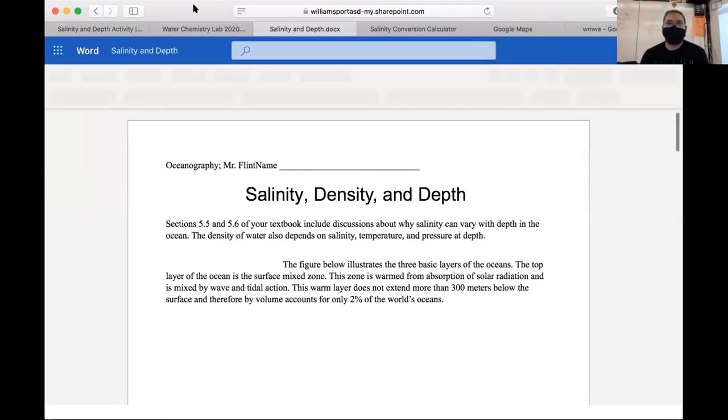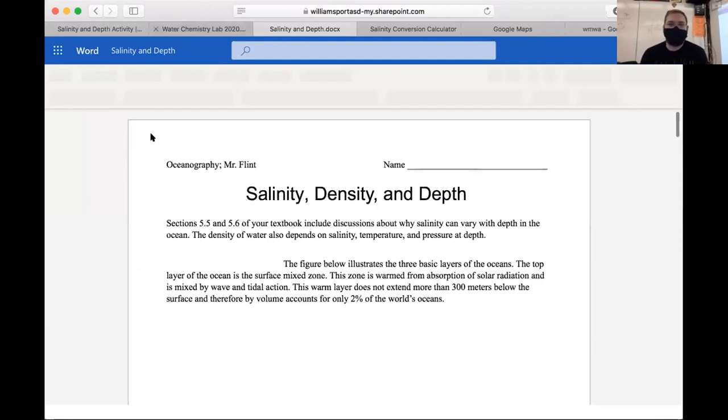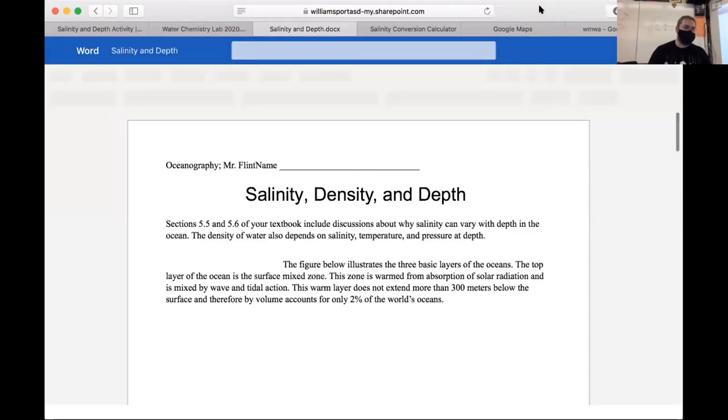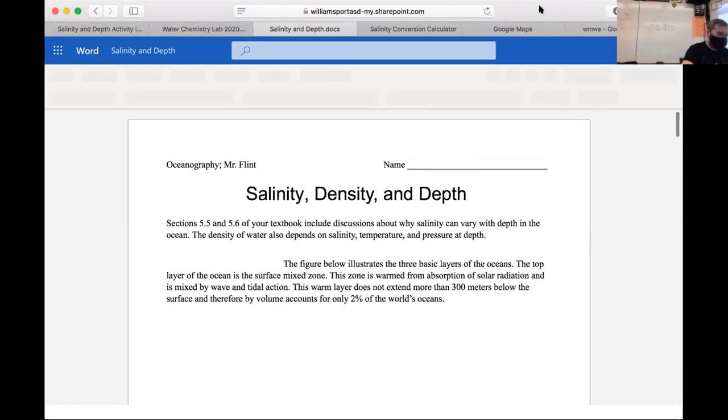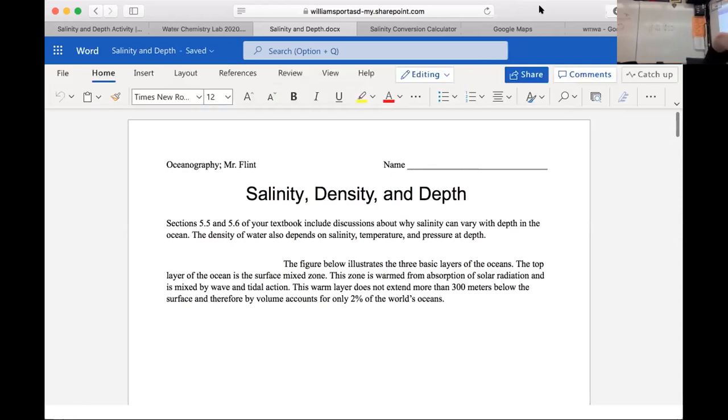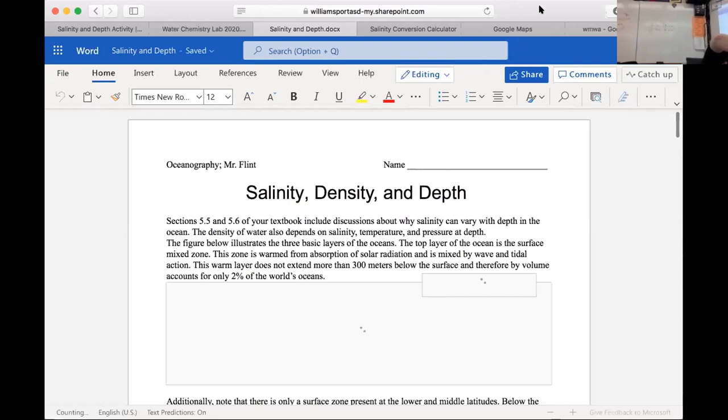Is it the only thing it's set for? I mean, if you have it on paper, you can just turn it in. You know what I mean? You don't have to do it in Schoology. The salinity, density, and depth. I had it for you to pick up a couple days ago. It's the one where you make the graphs. Doing it in Schoology is really hard.